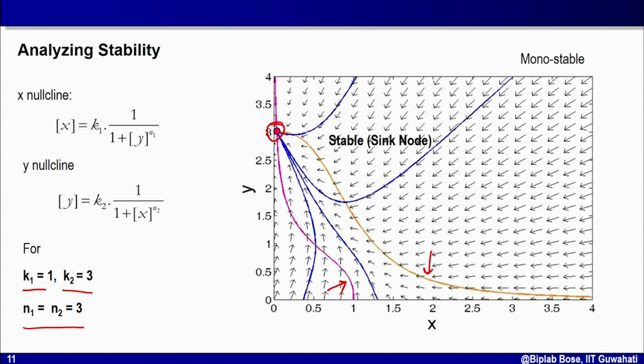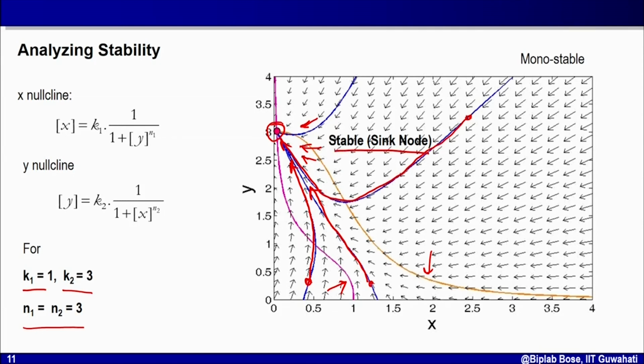Now this is the only steady state, and if you follow the arrows present in this phase plane plot, you can easily see wherever you start at t equal to 0, you will end up at this steady state. So that means it is a stable sink node.